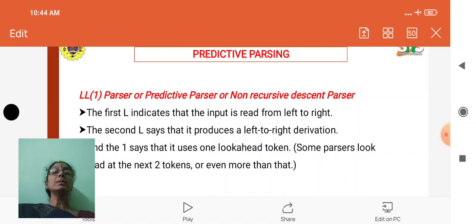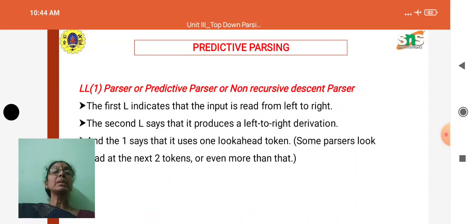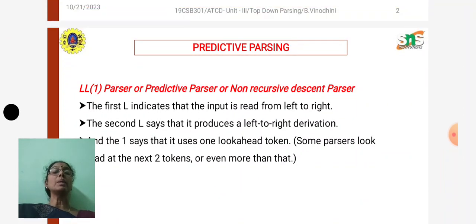The one specifies that it uses one look-ahead token. In some parsers the look-ahead token is more than one. So in the LL(1) parser, using only one input symbol we predict the parsing. This is the explanation of an LL(1) parser.